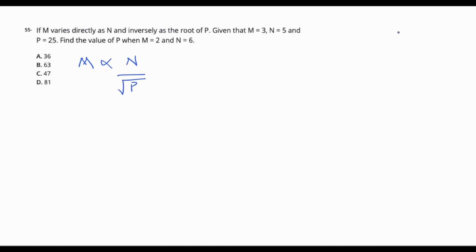So now we know that when we have a variation sign, this is the same as saying equals a constant of proportionality. So we can rewrite this as m equals kn over the square root of p. So we're given a first initial set of values, which are what we have here. And then through that, we can look for our k.